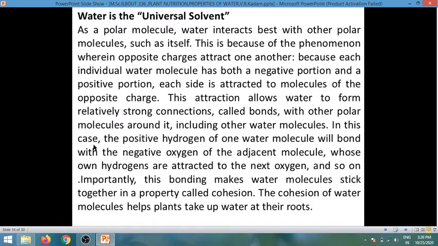In this case, the positive hydrogen of one water molecule will bond with the negative oxygen of the adjacent molecule, whose own hydrogens are attracted to the next oxygen, and so on.